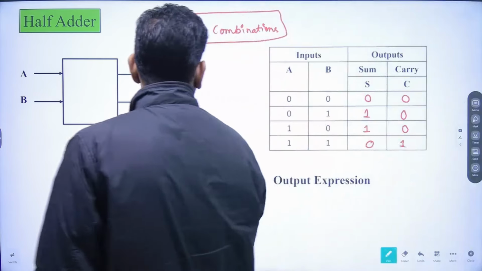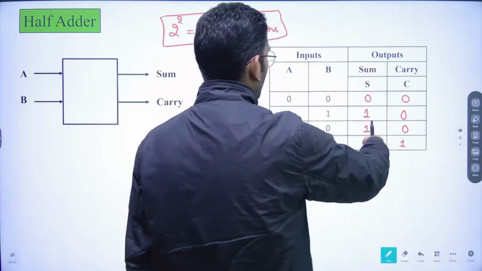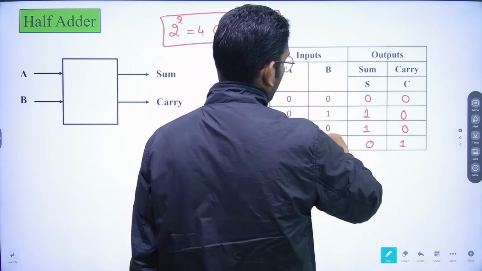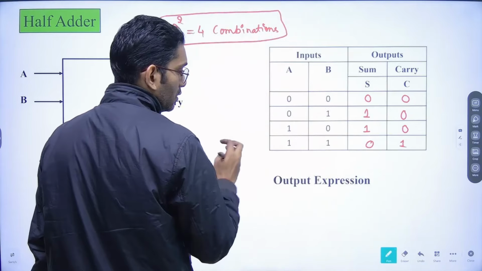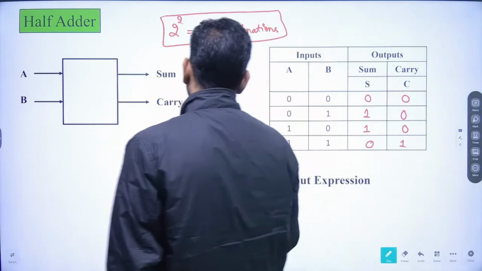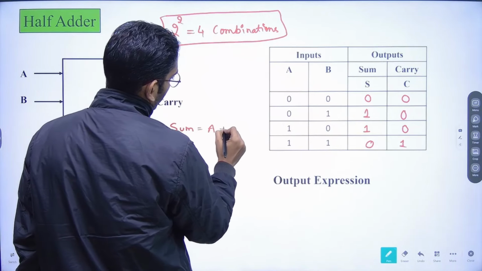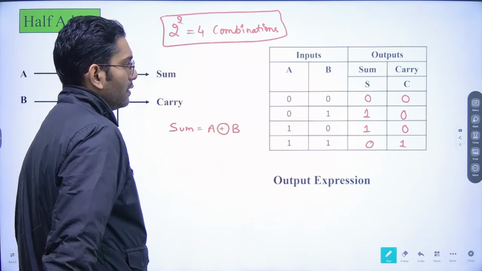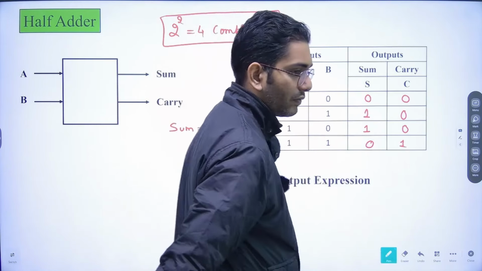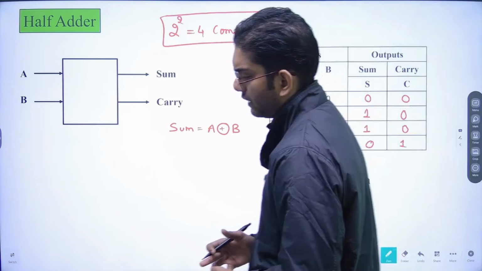Now, if we observe the sum part, this is the basic functionality of a XOR b. Sum can be written as a XOR b, because after looking at the output of the sum, we can see that it is the basic output that we get in the XOR case.